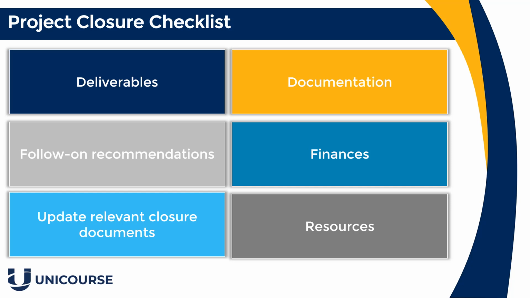So looking at finances, thinking about, as we mentioned earlier, paying off remaining invoices, closing any project-related contracts, and making sure everything's finished. In a place where I worked a long time ago, they forgot to close an invoice for a software management provider.